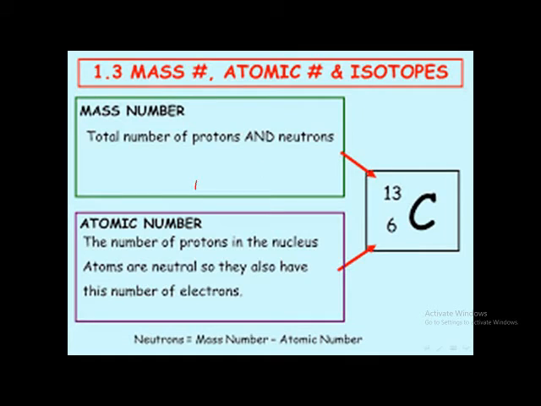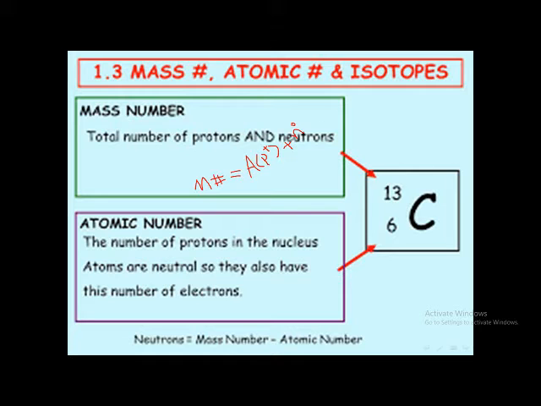So this is the mass number, and the mass number is the atomic number, which is the number of protons, and we write here a positive charge for proton, plus the number of neutrons, with a zero charge here because it's neutral.